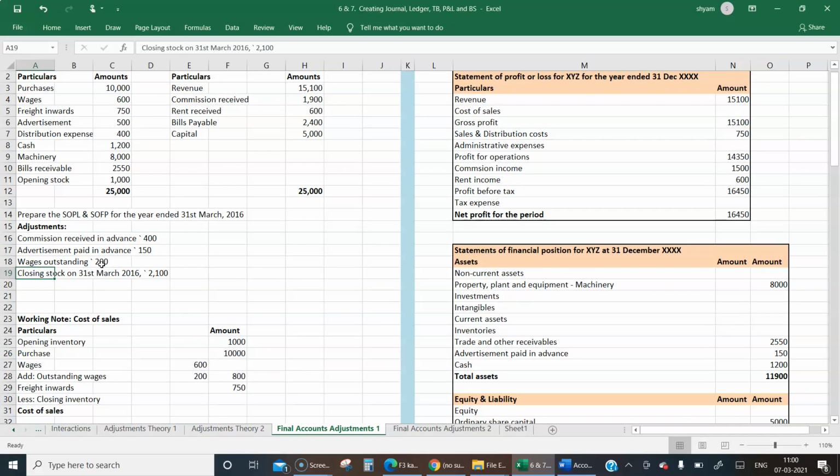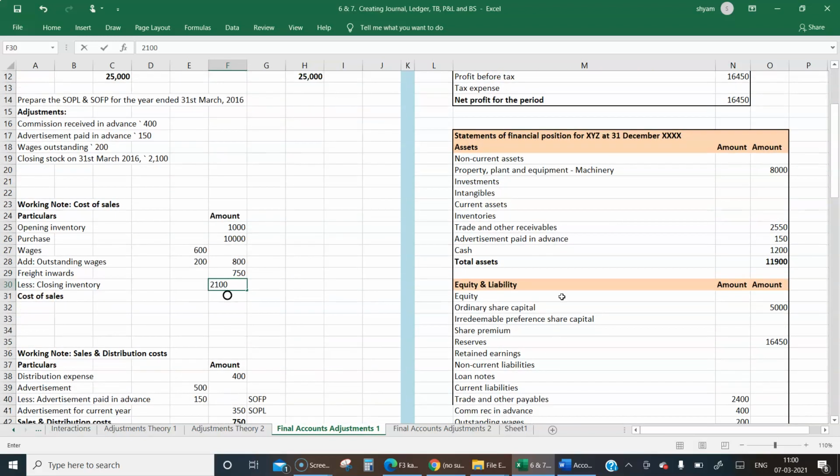Closing stock is the only balancing adjustment. Okay. So closing stock will come once in the cost of sales area, and again it will come in the SOFP as a current asset. So that's about it. So we can now close all the numbers here.